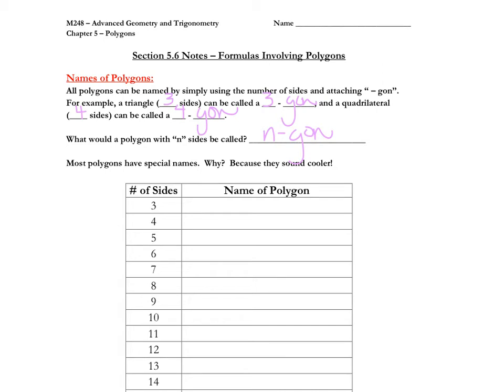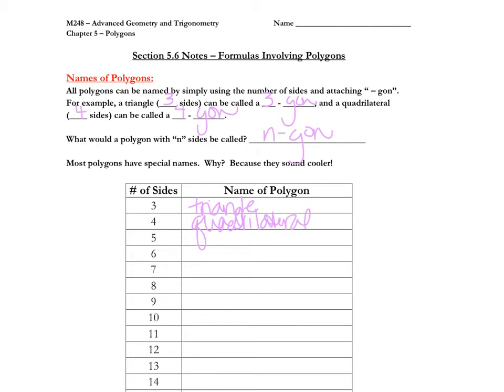Now, we have some special ways to name certain polygons. So remember that this is a triangle, and hopefully we know this is a quadrilateral since we've been doing that for a couple days.